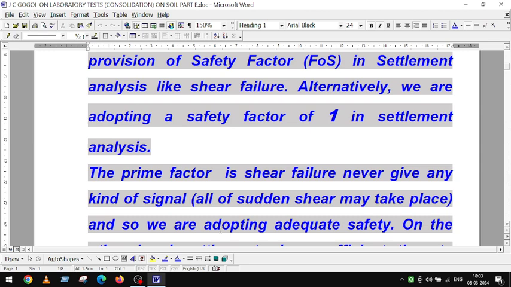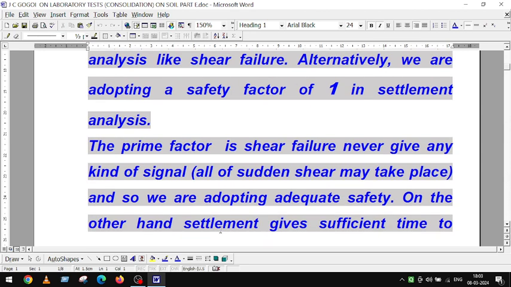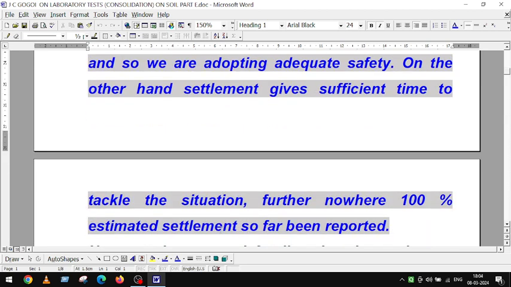There are errors because we are all human. Human is not a machine. We make some mistakes. On the other hand, settlement gives sufficient time to tackle the situation further.